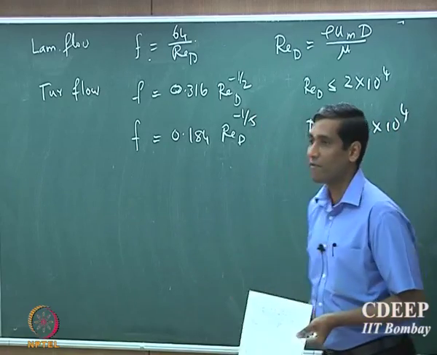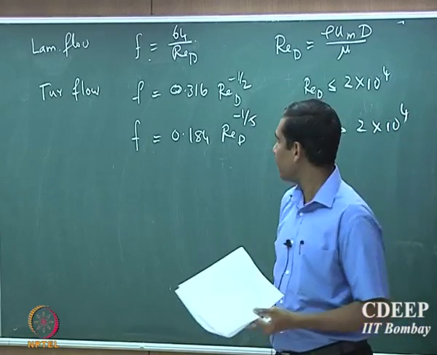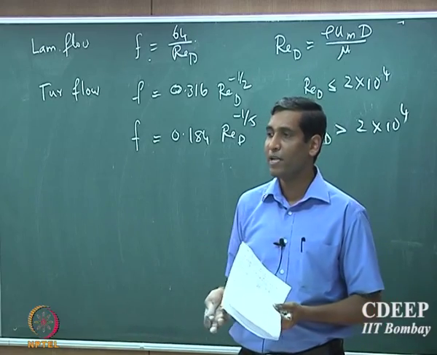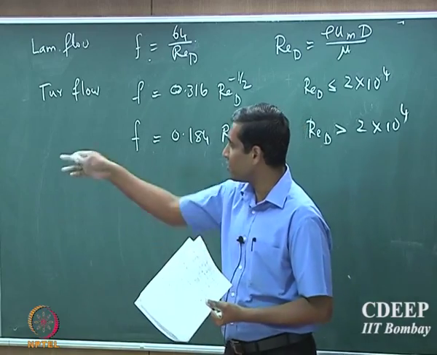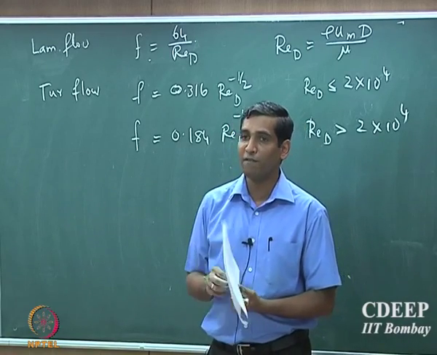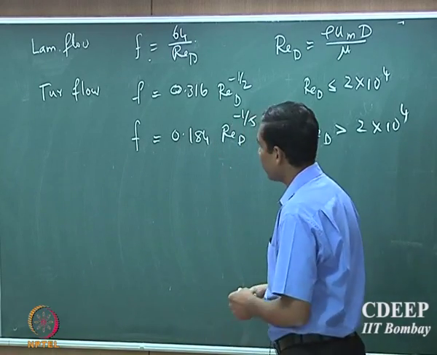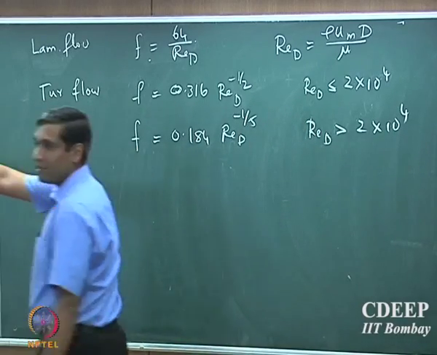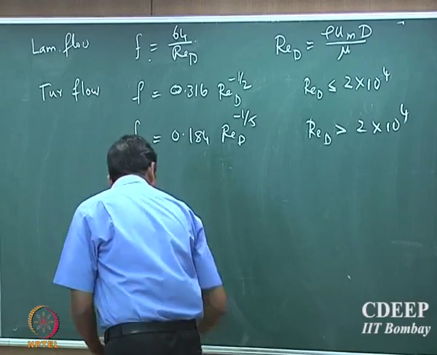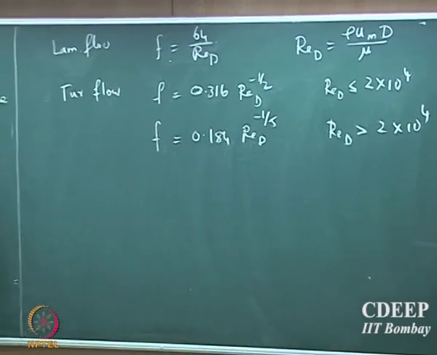So that's the correlation for turbulent conditions, and if you know the friction factor, you should be able to estimate the pressure gradient. Okay, so if we know the pressure gradient, we should be able to integrate the expression and find the velocity profile, and that's what we are going to do now. So we can integrate this expression here. Okay, so the integral will be, I can do it here.